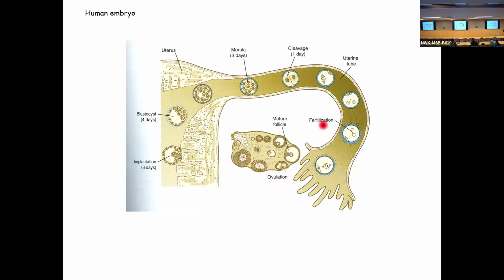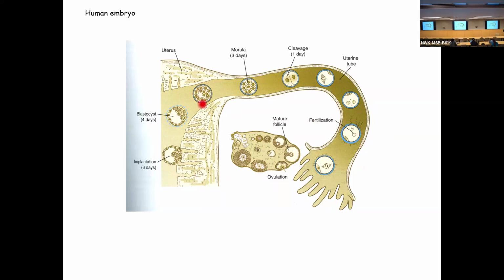And this oocyte is just waiting for the cell to be fertilized by the sperm. Once it is fertilized, we start the process of mitosis or cleavage, okay? And during all this process of mitotic cleavage, you will see the zona pellucida.